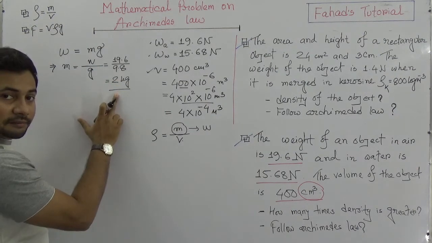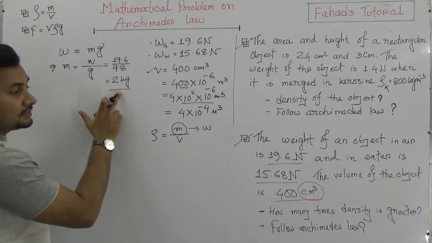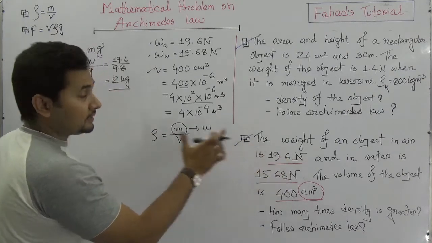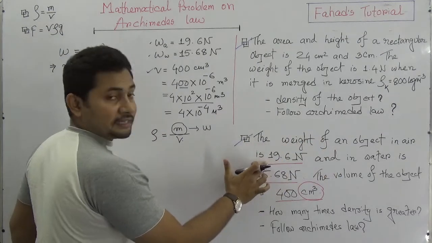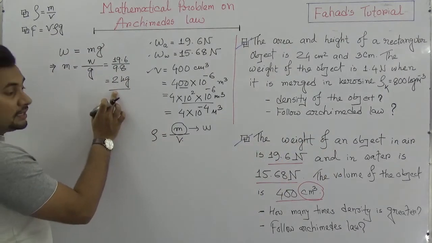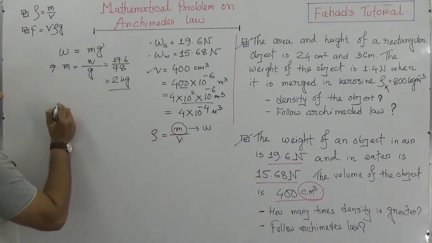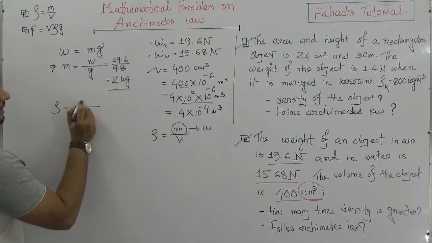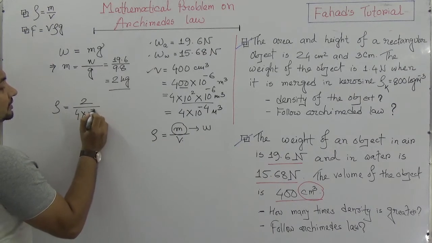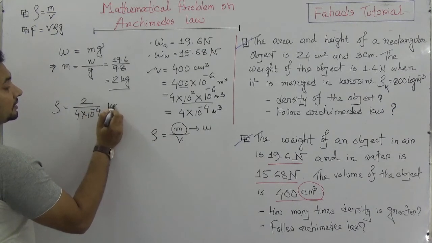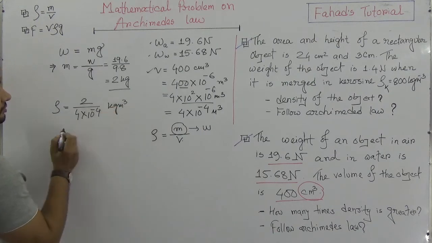So the mass of the object is 2 kilogram, because the weight of an object in air is given. So we got the mass, and now we can get the density: m is 2 kilogram and V is 4 times 10 to the power minus 4 meter cube.